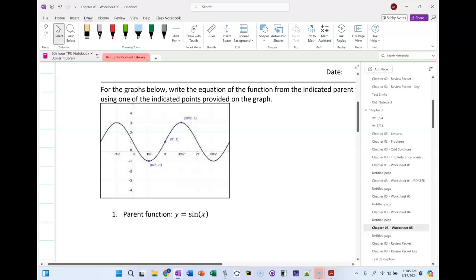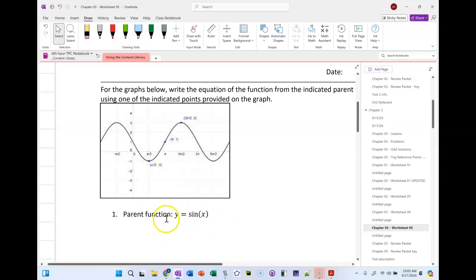I've plotted and labeled individual points on there. It's hard to read that I'm zoomed in, but this is like 3 pi over 2 comma 3 pi comma 1 pi over 2 comma negative 1. So I'm asking you, when you write your answer, that you'll use one of these 3 points to do it. Doesn't matter which one.